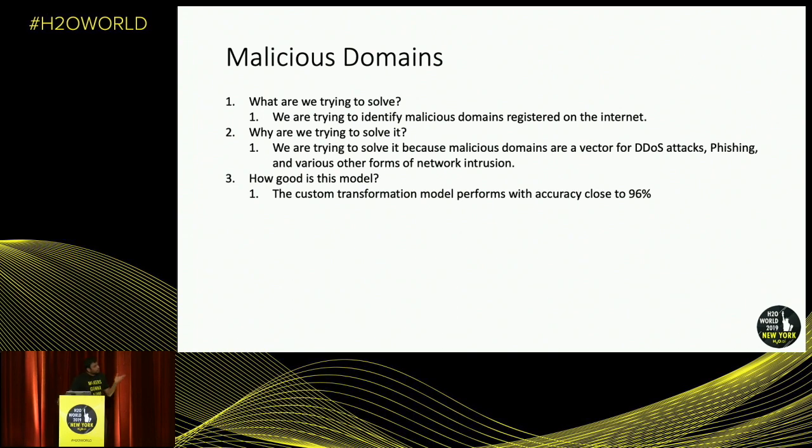The model that we build looks at different aspects of the domain. It looks at the health of the domain, the longevity, when it was registered, how it was registered, the formation of the domain, and what kind of location it is at. It looks at many different features, and then it's able to classify whether this domain is good or bad. That helps feed the model when you in your organization click a simple link.